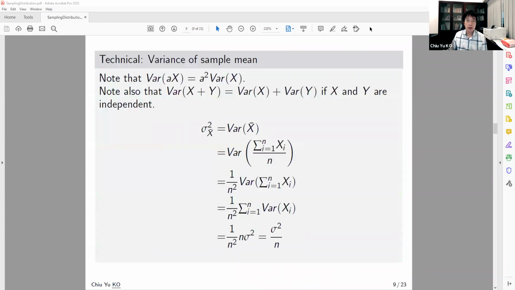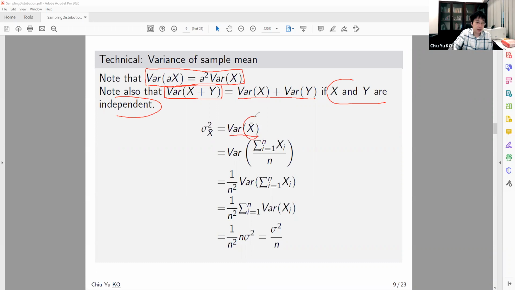We use this formula which we know already. Variance of aX, we take a squared. The variance of a sum will be the sum of their variances if they are independent. We'll use this fact. Sigma squared of the sample mean, by definition, is the variance of the sample mean, and the sample mean is the sum of all observations over n.